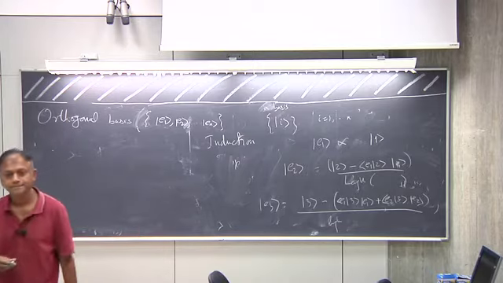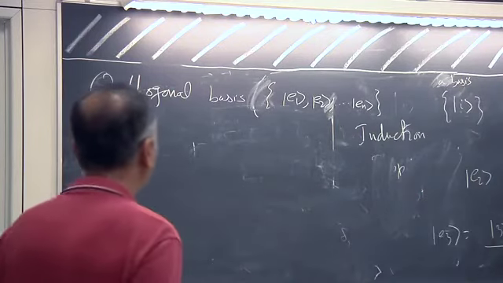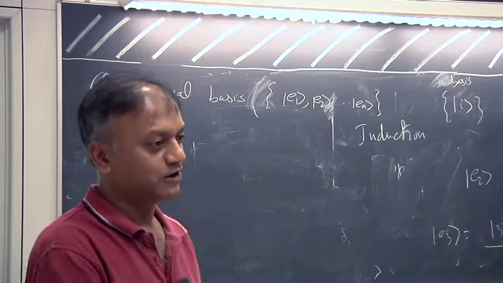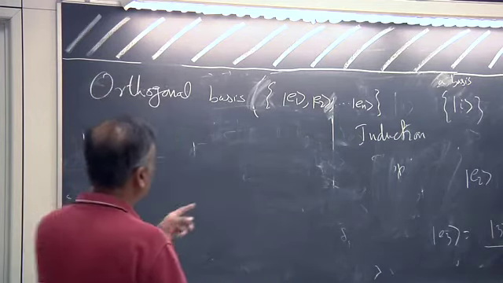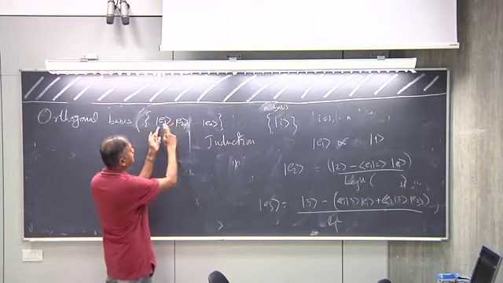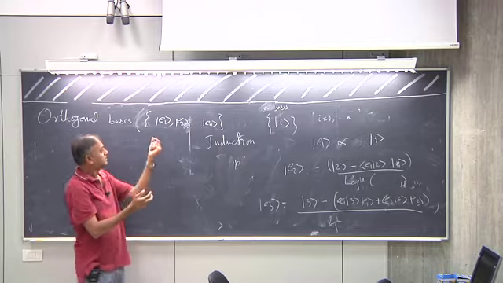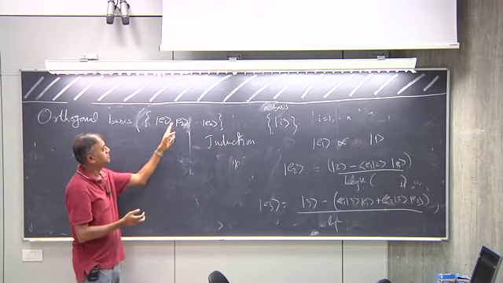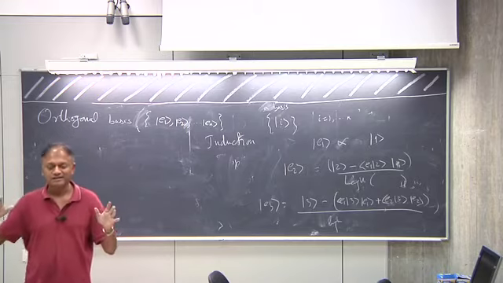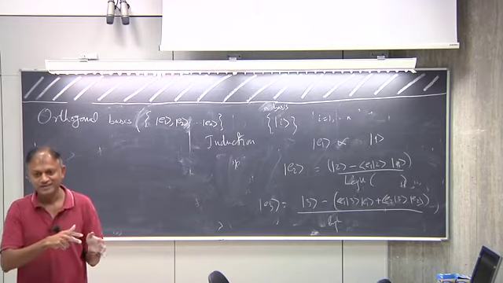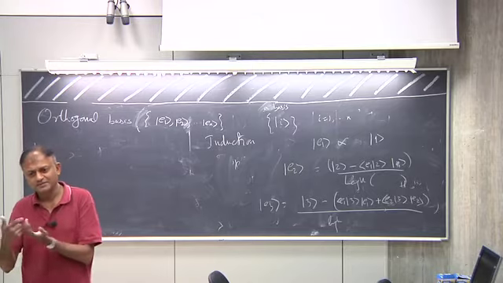Is there any difference between orthogonal and orthonormal? Yeah, okay. Usually when you say orthogonal, you don't worry about normalizing the length to 1. You just mean that the scalar product of any two different ones is 0, but you don't necessarily mean that the length of each of them is 1. But when I say orthogonal, I really mean orthonormal, so I've also normalized the length to 1, because that step is trivial.